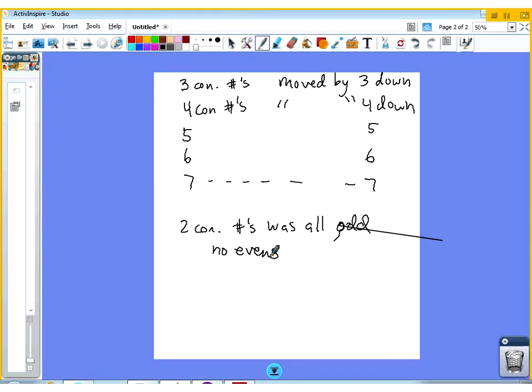So you can only make odd numbers as the sum of 2 consecutive numbers. So that's one pattern. Any other patterns?